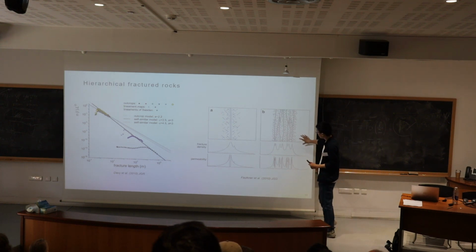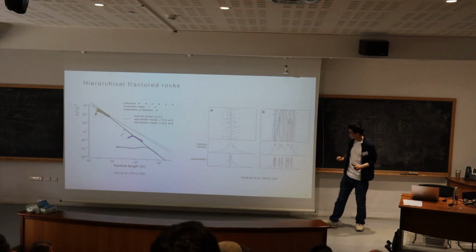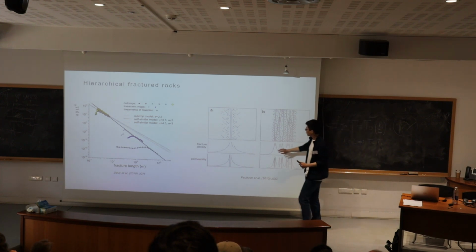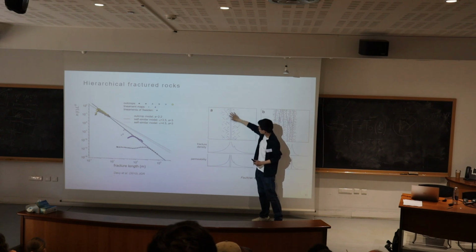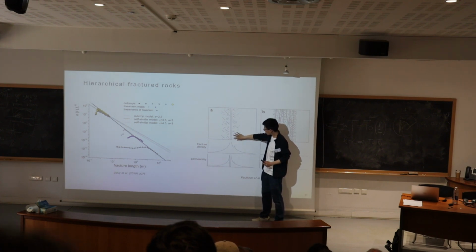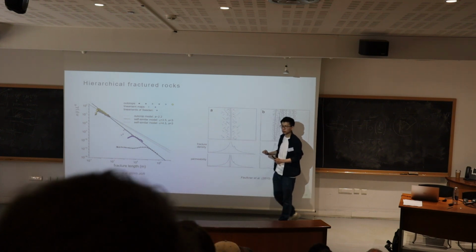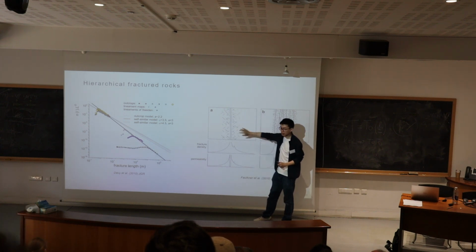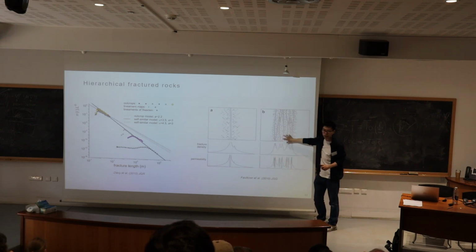And this is a very classical plot of the damage zone of the fault zone, where in the middle is the fault core, and around it the damage zone. So this is a big fault, and inside the big fault we see a lot of fractures.